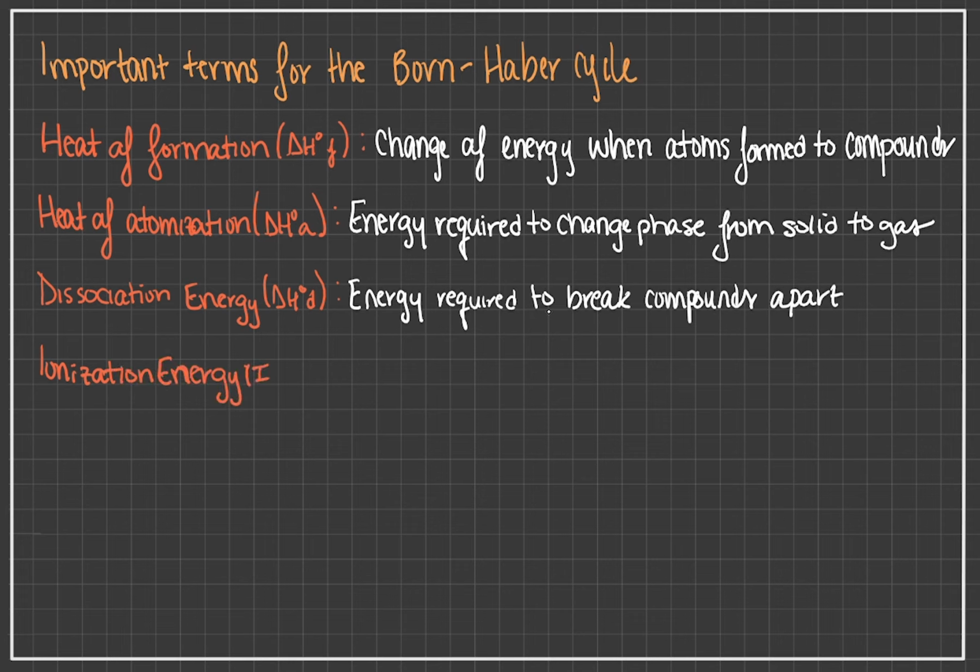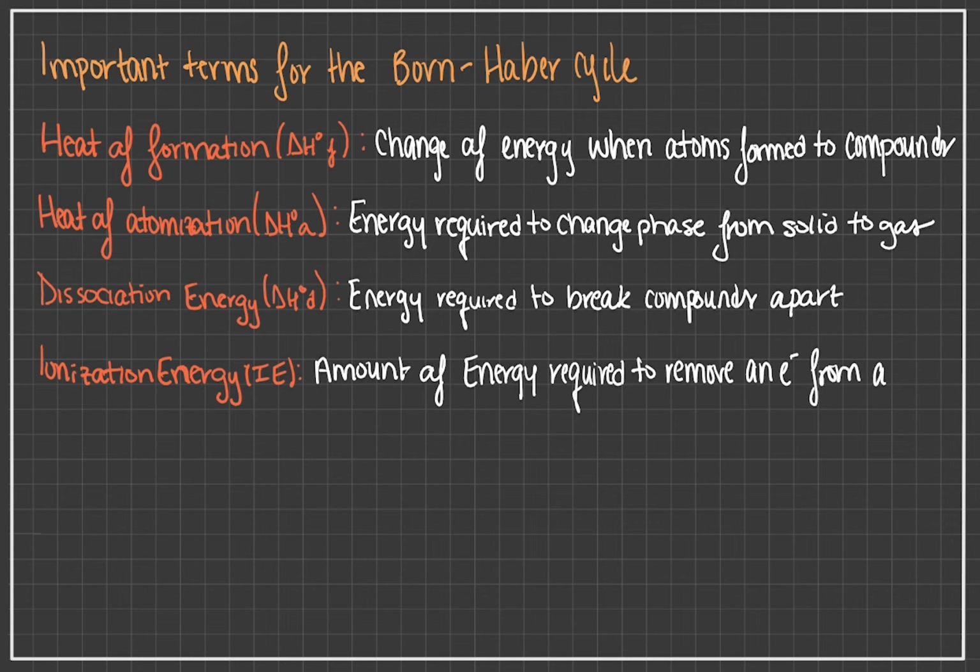The ionization energy, like I mentioned earlier, is the amount of energy required to remove an electron from an atom. So we can see that A has an electron removed from it to give it a positive charge. And the electron affinity is the amount of energy released to add an electron to an atom. So we can see that B has an electron added, which is why it has a negative charge.